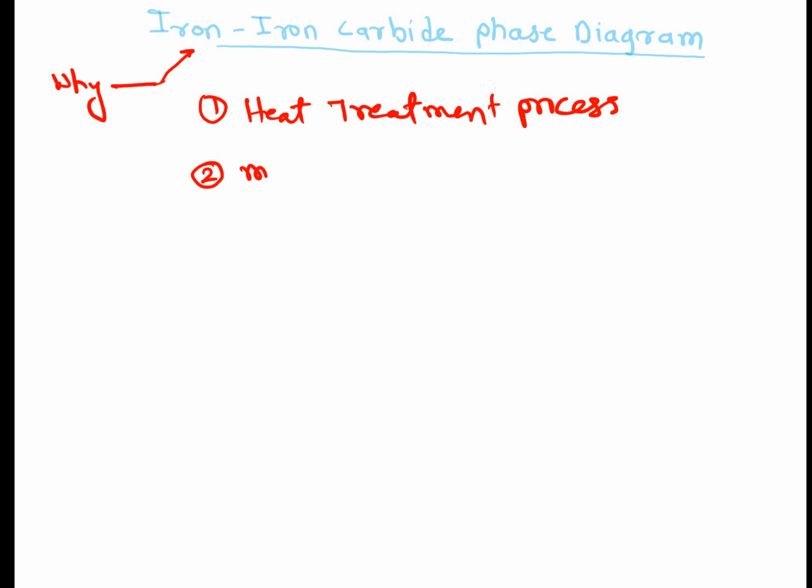That microstructure is derived from the heat treatment. Consequently, the iron-carbide phase diagram determines the physical or mechanical properties of the component.